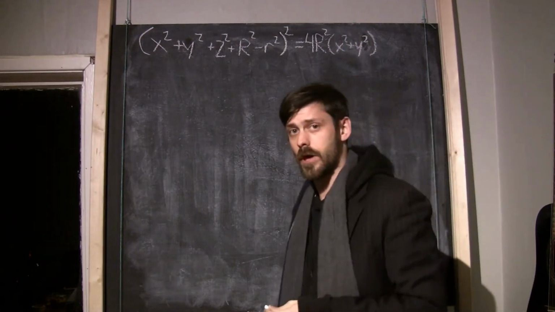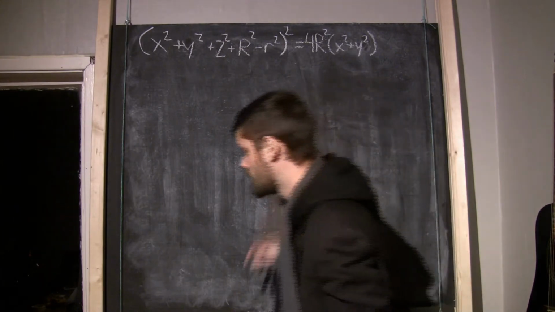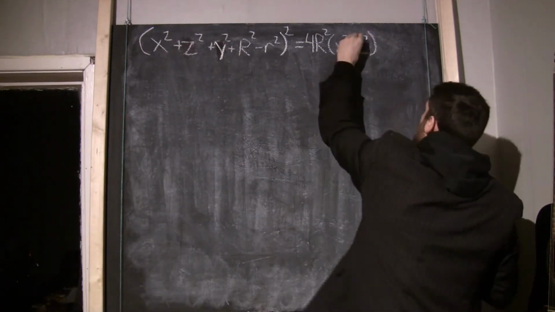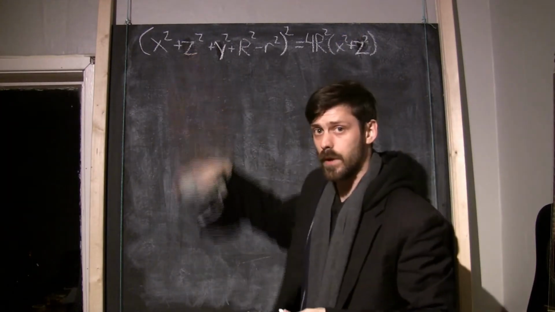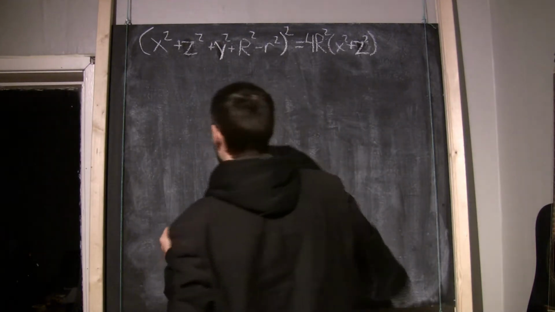Now we will interchange the y and z components. And next we will replace the c with the component d, where d is the distance from the origin.